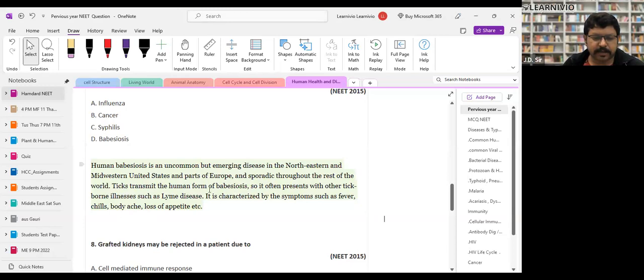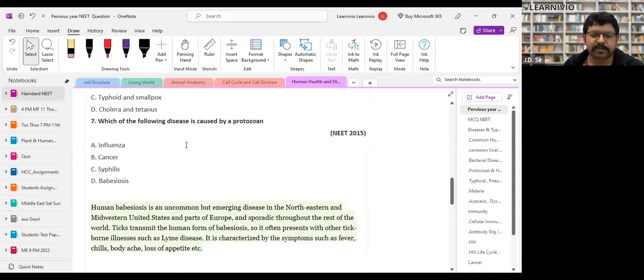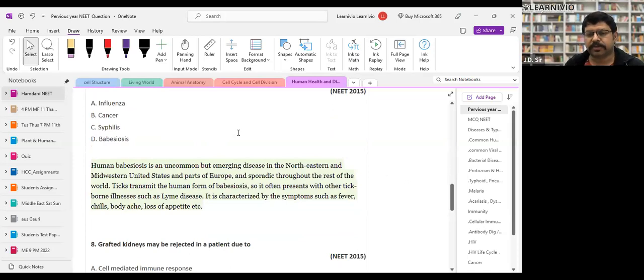It is caused by ticks, right? And Babesia is the genus of that protozoa which causes this disease.